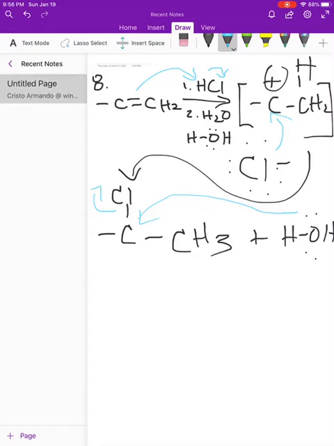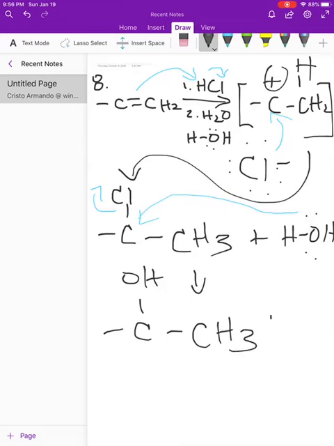This chlorine is gonna leave, as it is a better leaving group. And we end up with this molecule plus the chlorine, which left. Okay, so this mechanism is going to be used for the next couple of problems.